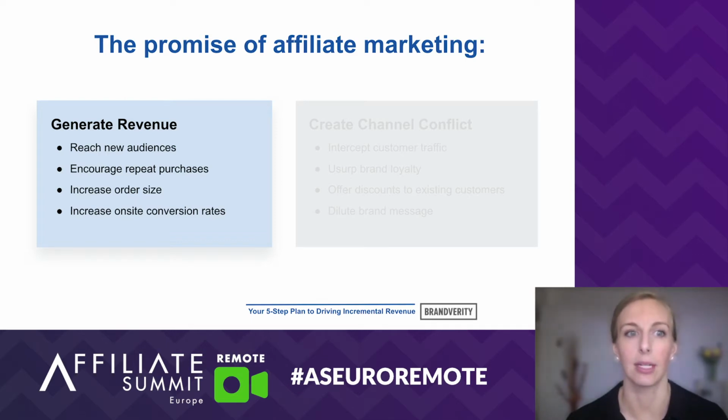It's great because it can help brands to reach new audiences. It can encourage repeat purchases, increase order size, and increase on-site conversion rates. So it's really no surprise that the affiliate industry is continuing to grow pretty meaningfully year over year.